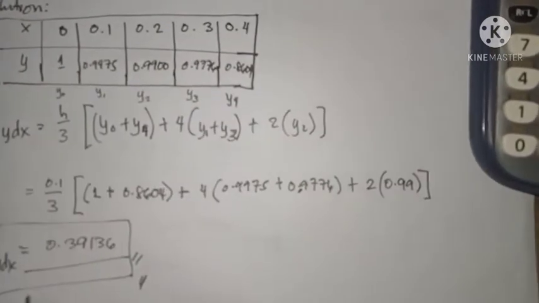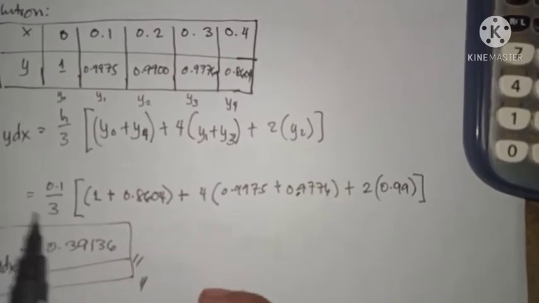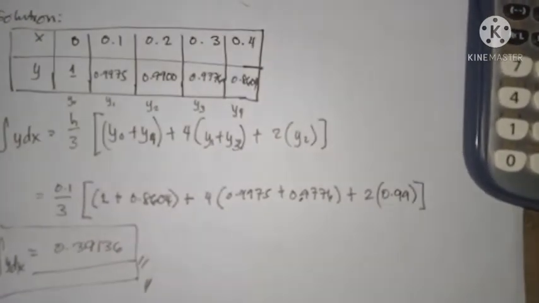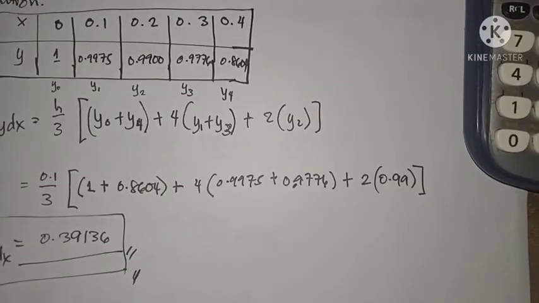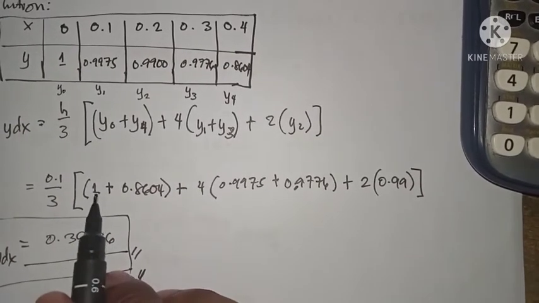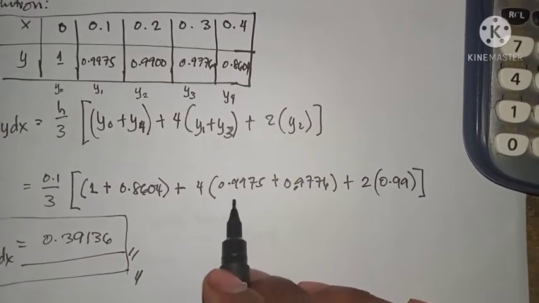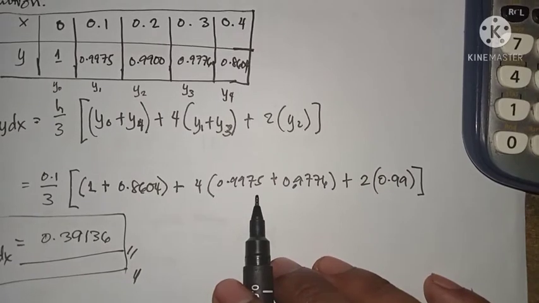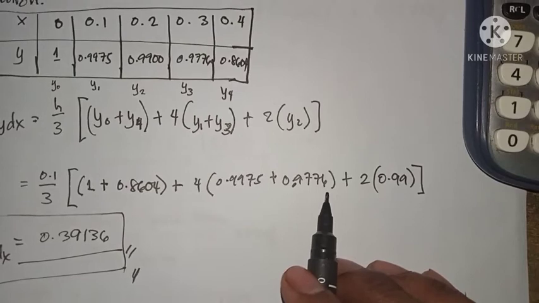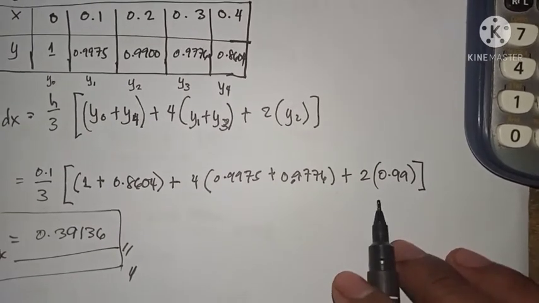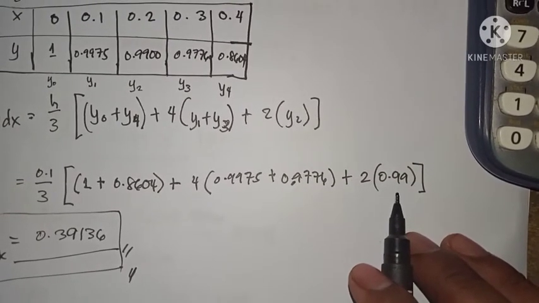Yung h is 0.1, substitute the value over 3, and then yung y sub 0 natin is 1 plus 0.8604, yung y sub 4, and then plus 4 times yung y sub 1 natin is 0.9975 plus 0.9776, y sub 3, plus 2 times ng y sub 2 natin na 0.99.